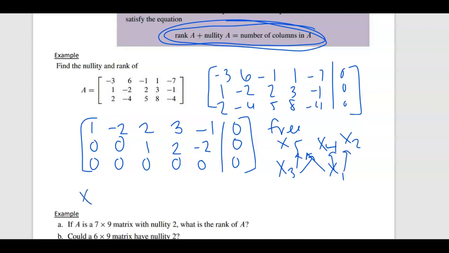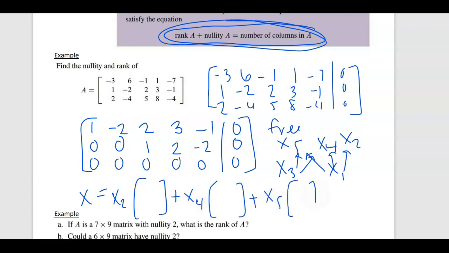So when I go to find my x, I'm going to end up having x2 times a matrix plus x4 times a matrix plus x5 times a matrix, which means the dimension of null A must be 3. So that's going to be our nullity.